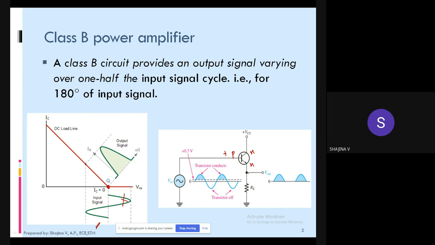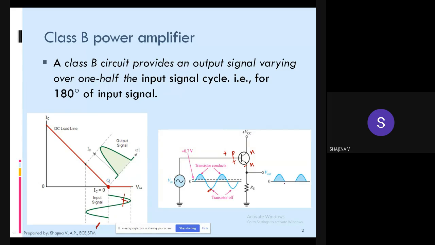And for the negative half cycle, this junction, that is this voltage VBE, or this input junction, will be reverse biased, because to the P terminal we are applying this negative, right? So it will be reverse biased, so that this negative half will not be passed to the output.